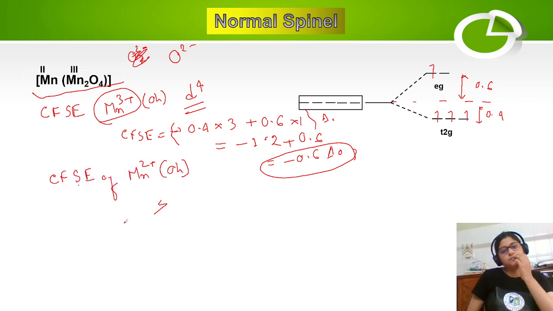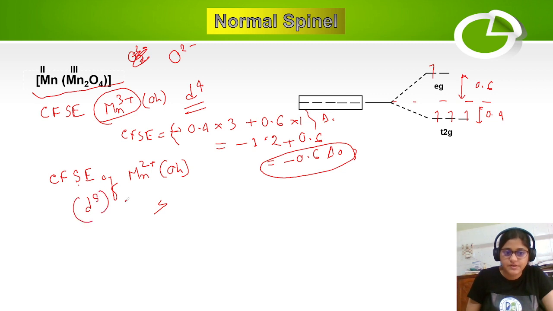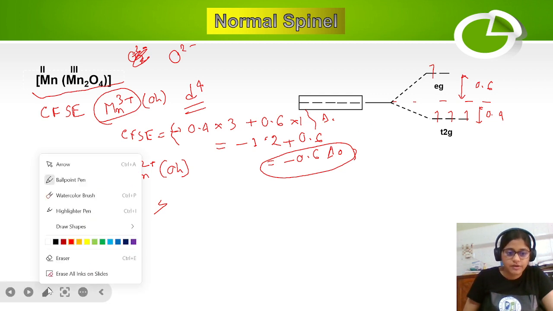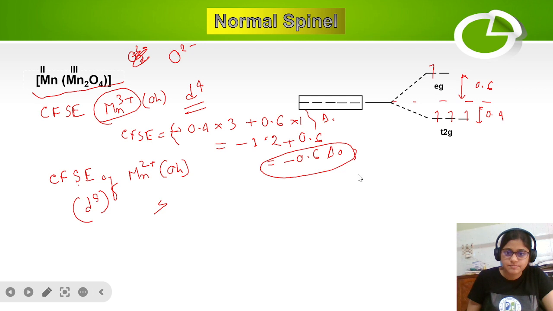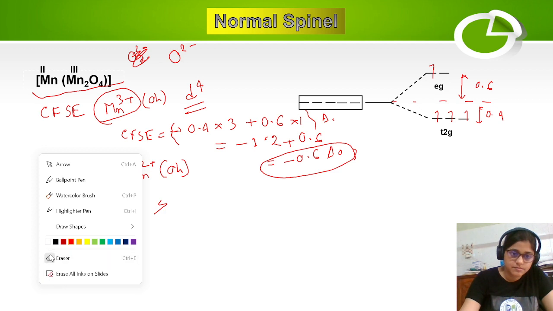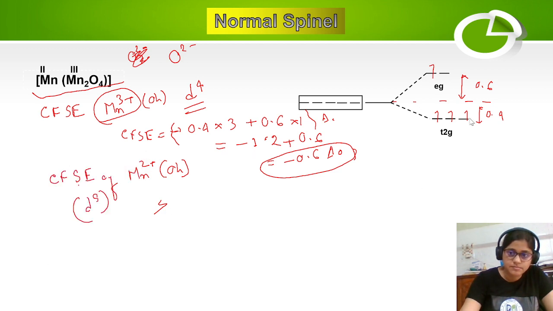Okay. So for Mn2+, we know this is a d5 system, right? And I have to take the eraser. We can't take that. Okay, fine.